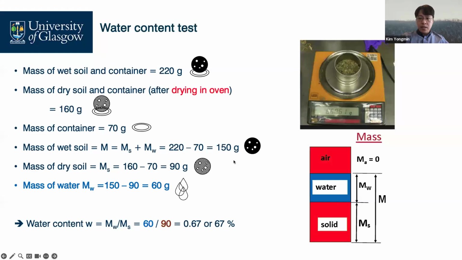In order to get the weight of water and the weight of dry soil, we follow this procedure. Sometimes the order is different, but the main concept of the water content is to get the water weight and dry soil weight.